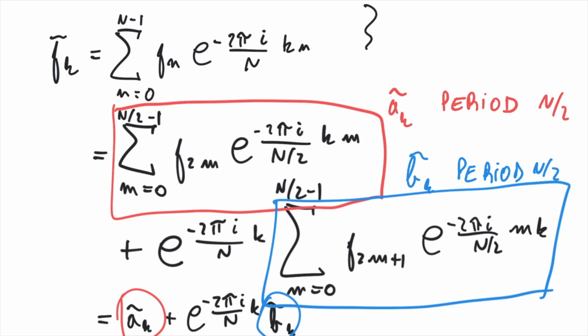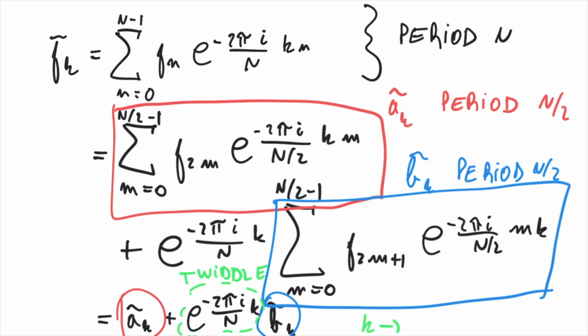The original one, fk, had period n, and the twiddle factor, this is called twiddle, this factor has an anti-period, so it changes sign when k goes to k plus n over 2.